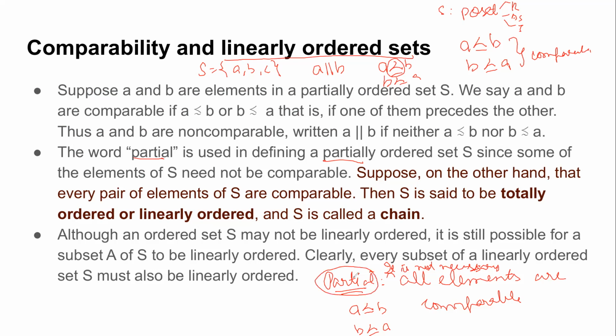It's partial in the sense that only some elements are comparable. So what would be the obvious generalization? What is the generalization of some?